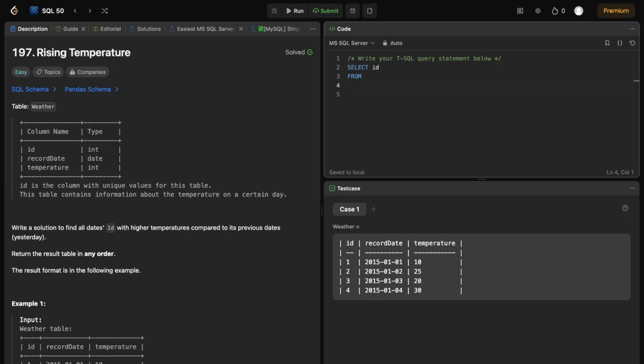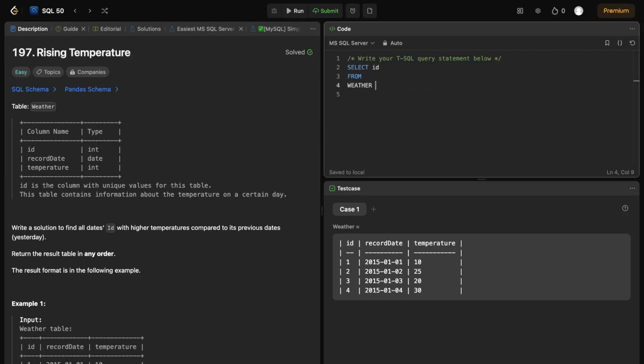In a self join, a table is joined with itself, and self joins are usually used where there is a hierarchy structure. Over here my hierarchy is the dates: yesterday, today, tomorrow. So this becomes a hierarchy.